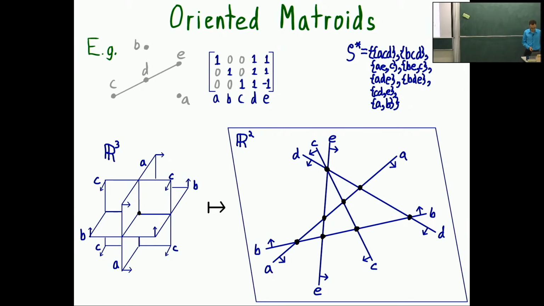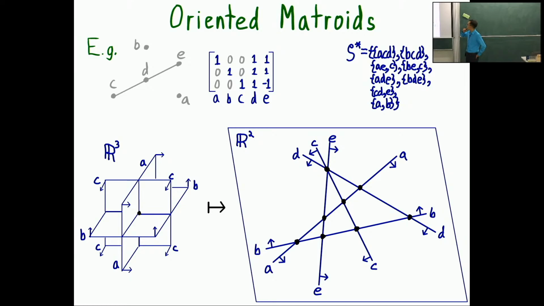And so A, B, C form this triangle, which would be the interior triangle that would be formed between these.